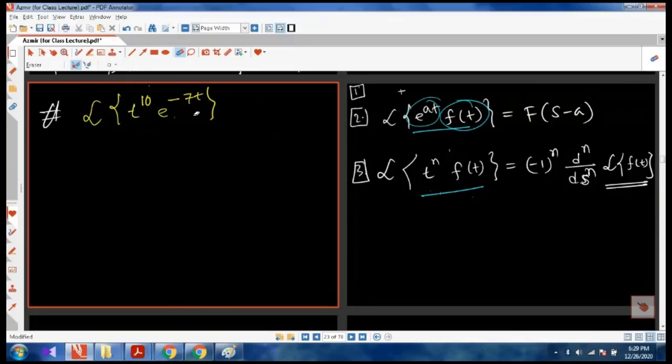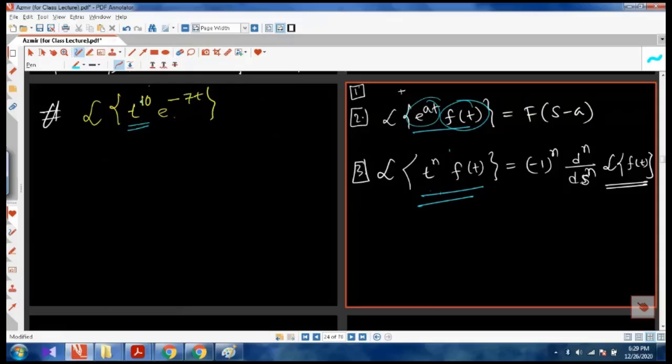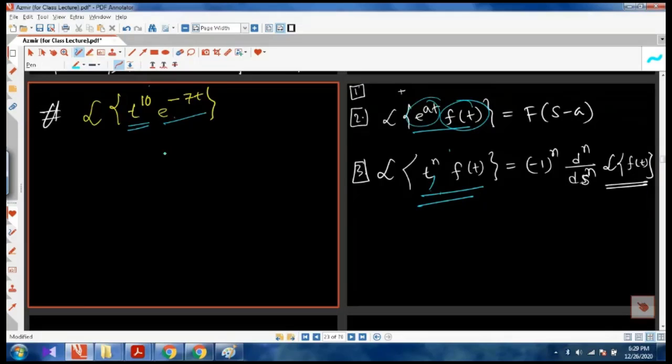But my question is, which property can be used here? At first sight, our subconscious mind may suggest the third property, because we have t power 10. Both properties can be applied, but which will be the fastest way to solve?